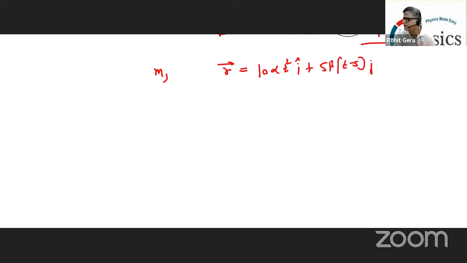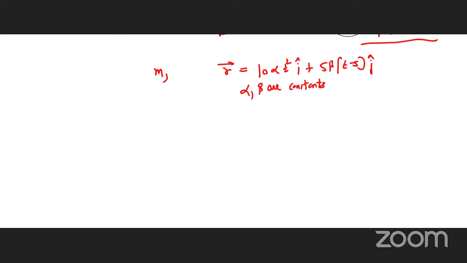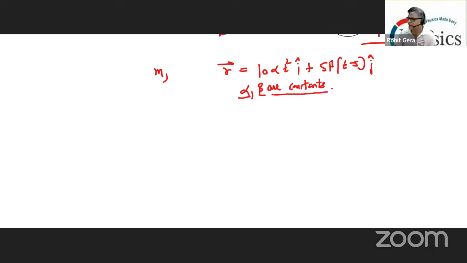Alpha and beta are constants, some numbers. So the time dependent position vector is there.